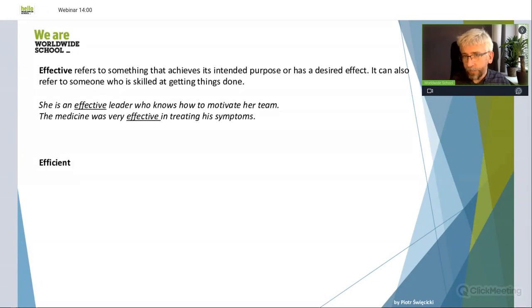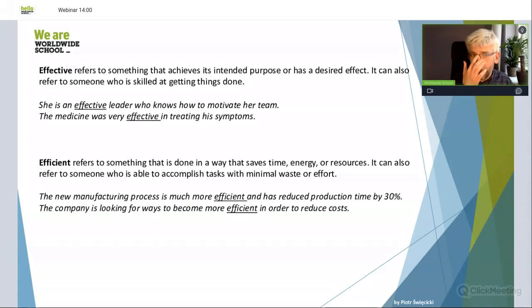Versus efficient. Well, sometimes one thing can be both, right? Effective and efficient. But efficient means this: saving time, energy, resources. So, for example, you can be an efficient employee, right?